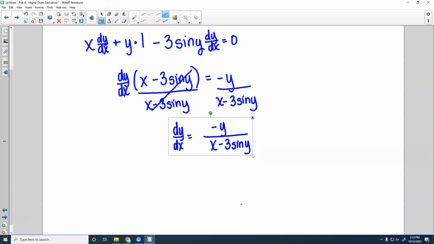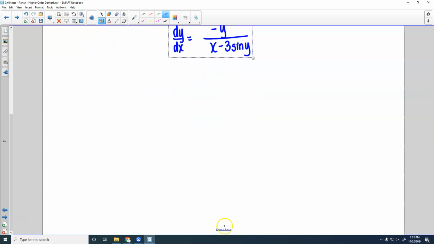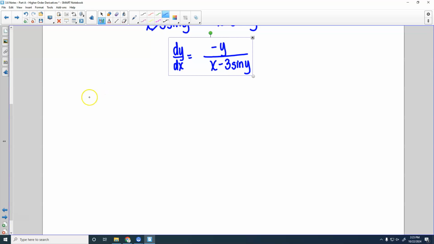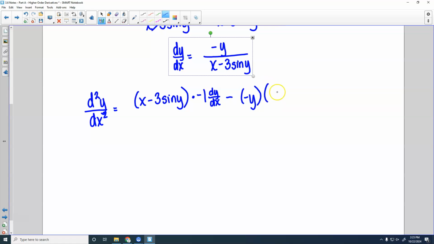All right, second derivative. We are going to have to use the quotient rule here. So we get d squared y over dx squared equals (x minus 3 sine y) times the derivative of negative y, which is negative 1. And what has to go with it? dy/dx. Minus negative y times the derivative of x minus 3 sine y.